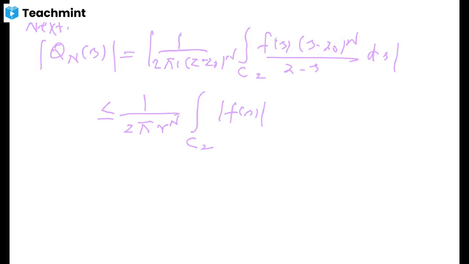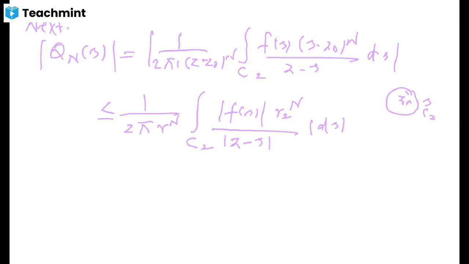Also, zeta is coming from the smaller circle C2, and the distance of zeta from z naught, the center of the circle, is the radius r2. So it has to be r2 to the power n upon mod of z minus zeta, mod of d zeta.